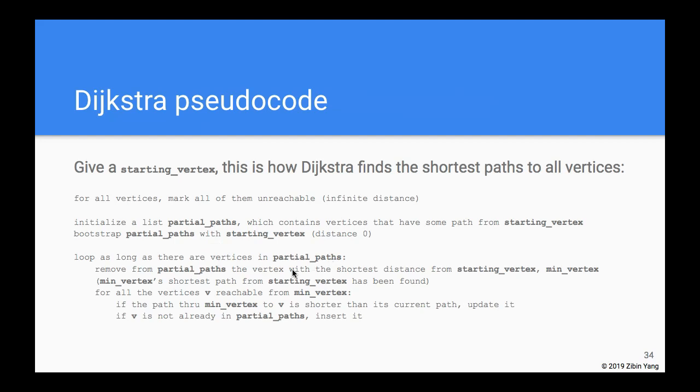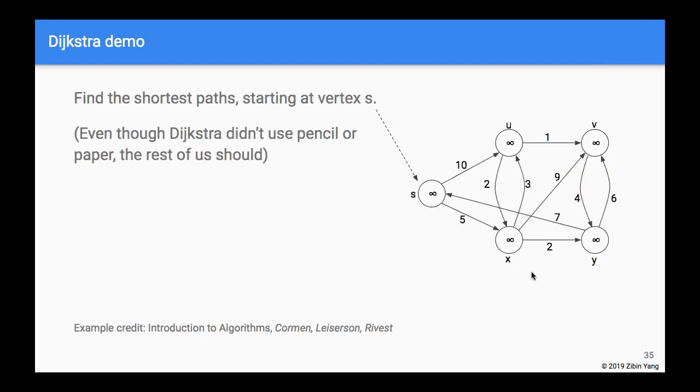We remove something from the list, do some clever things with it, and finally put things back into it. So again, pause the video, read through this, and then we'll go through an example of how it works.